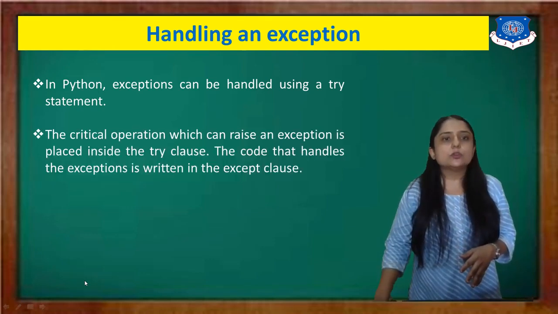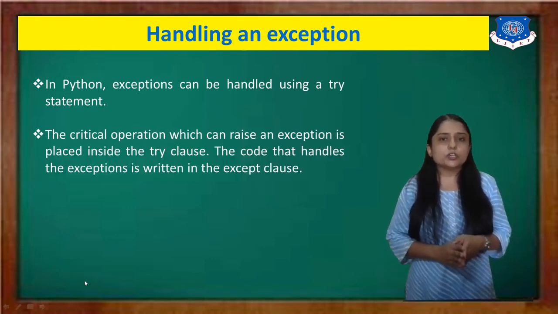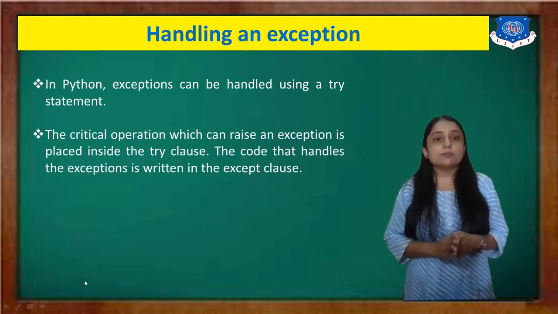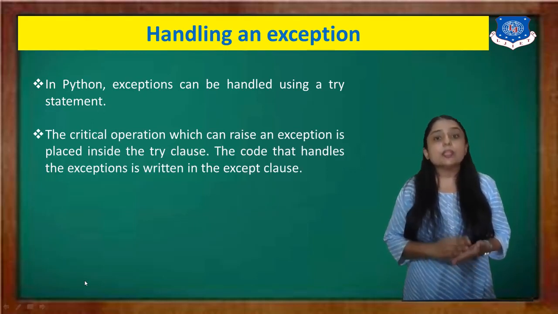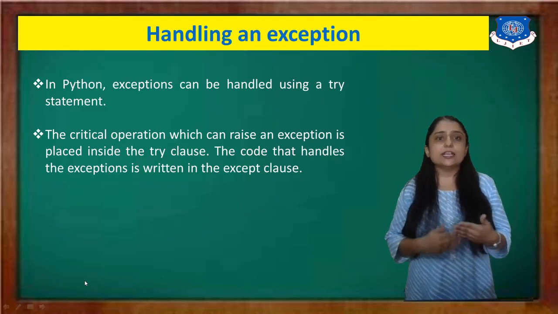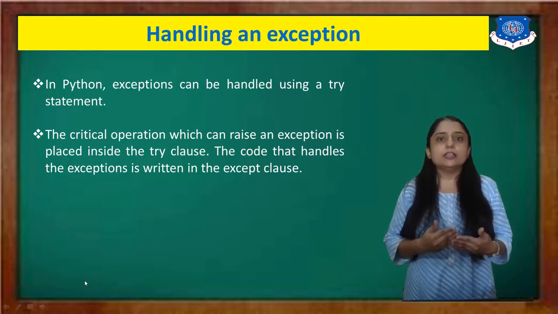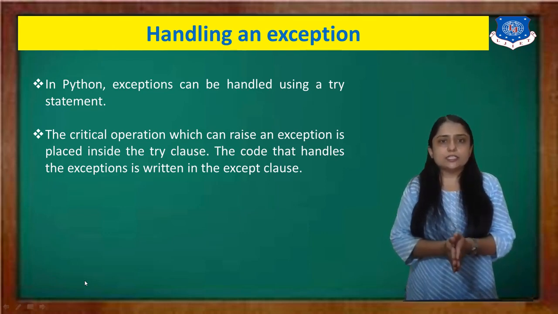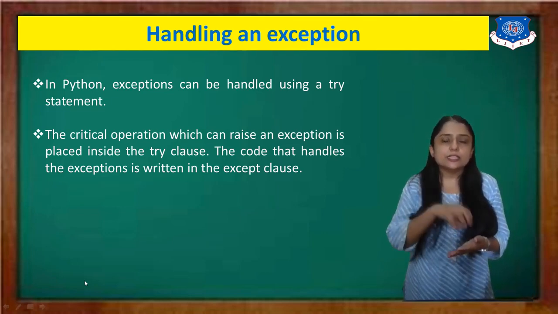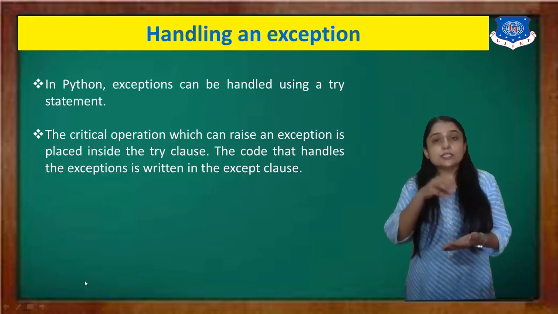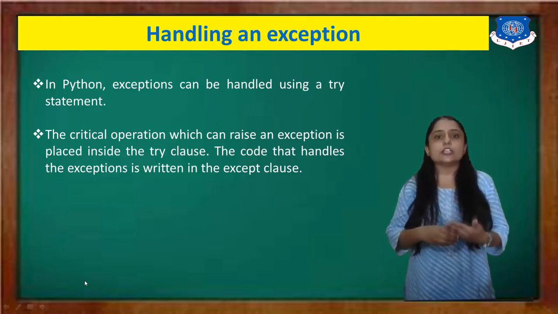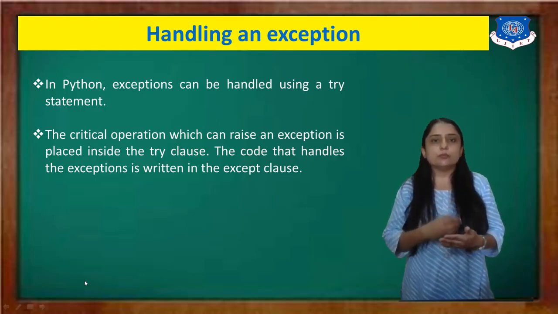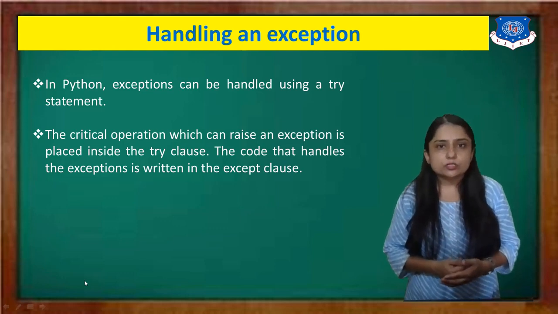The critical operation which can raise the exception is placed inside the try clause, and the code that handles the exception is written in the except clause. So write anything that may raise an exception inside the try, and if it occurs, then the action that you want to take, you have to mention in the except clause.